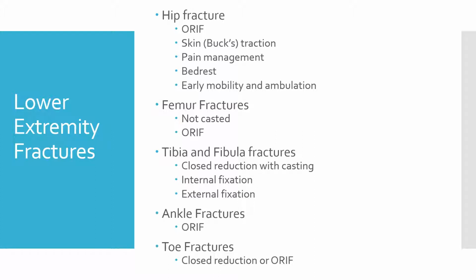The procedure of it is a lot of times they will do an open reduction internal fixation. They'll put a rod, pin, prosthesis, compression screw, and then post-operatively they'll come out and we'll put Bucks traction on them. The Bucks traction is the Velcro that has the end where you hang the weight.